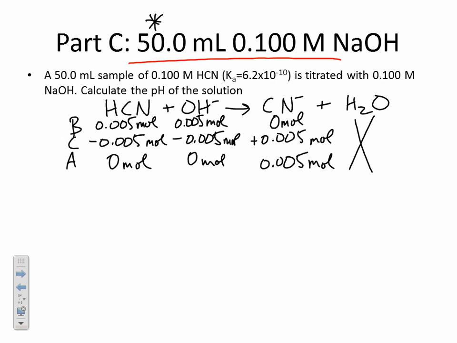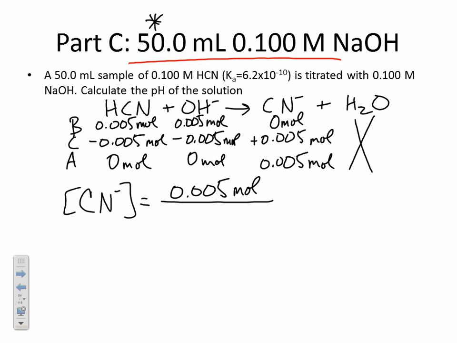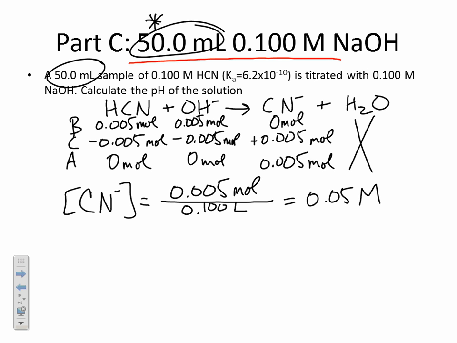So what I've done with the BCA chart is worked out exactly how many moles of the cyanide ion we have in the flask. The cyanide ion controls pH, which means that we're going to need the cyanide ion concentration in order to do an equilibrium calculation. So I'm going to just take my moles and divide it by the total volume. The total volume is going to be 50 plus 50, so 0.1 liters, and I get a cyanide ion concentration of 0.05 molar.